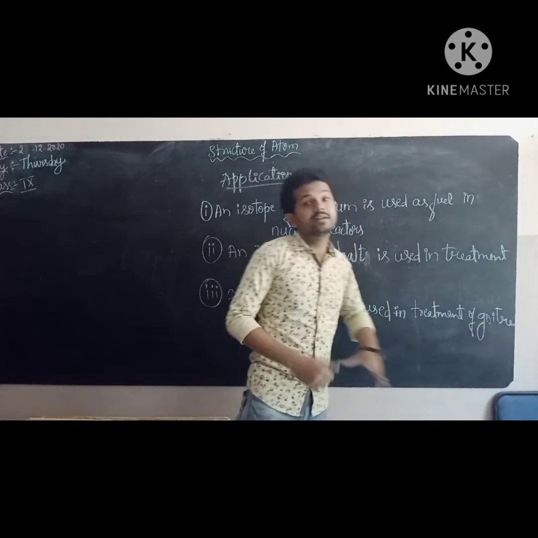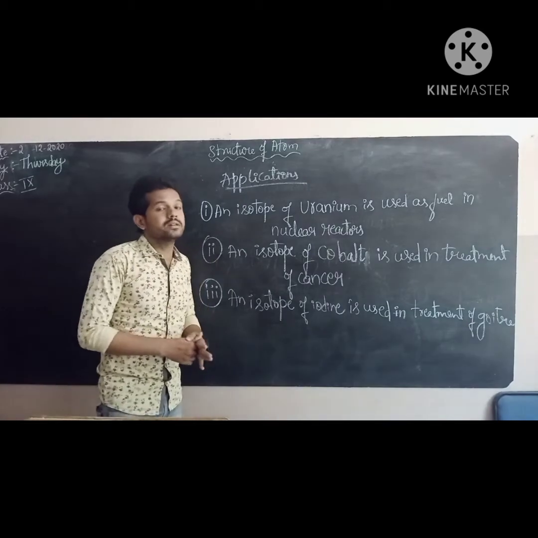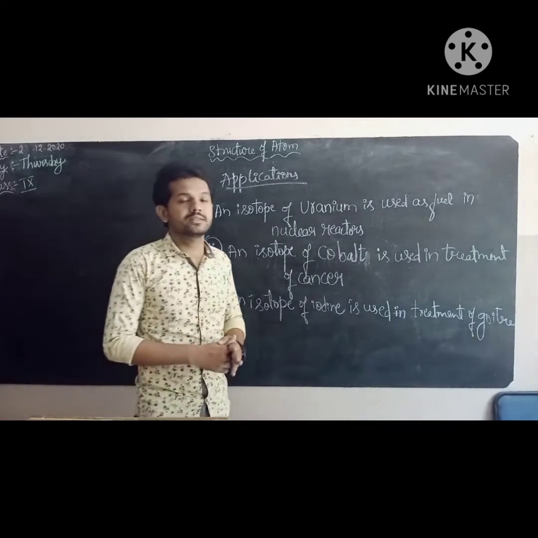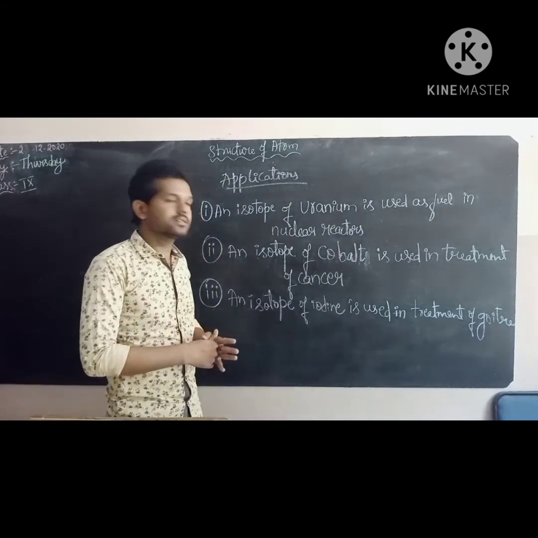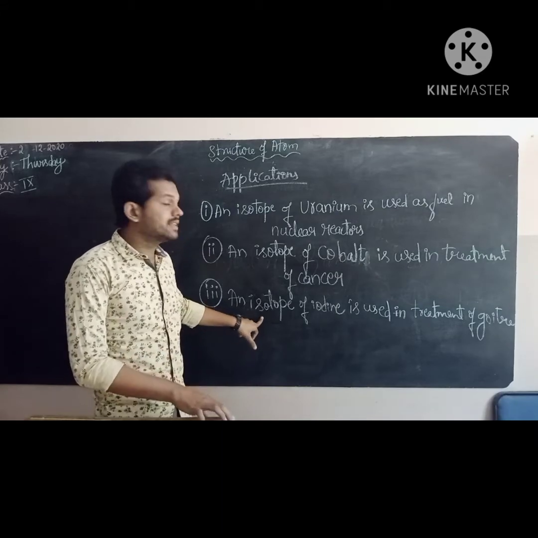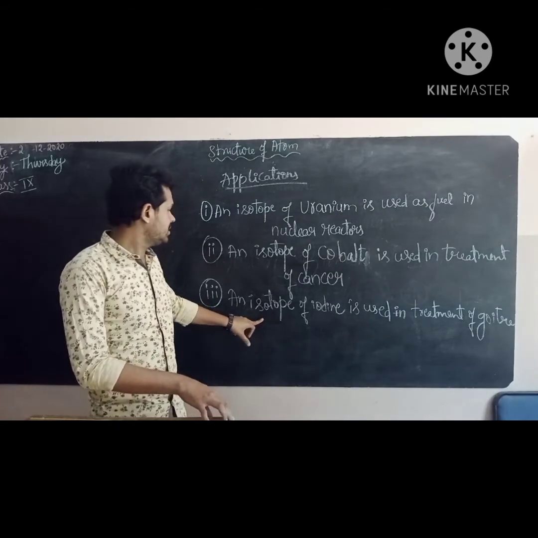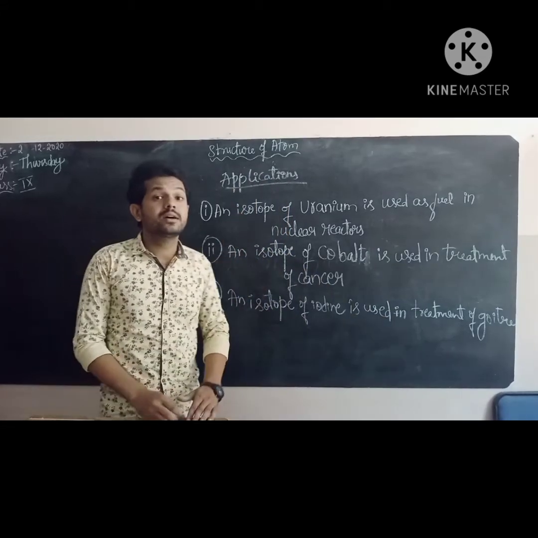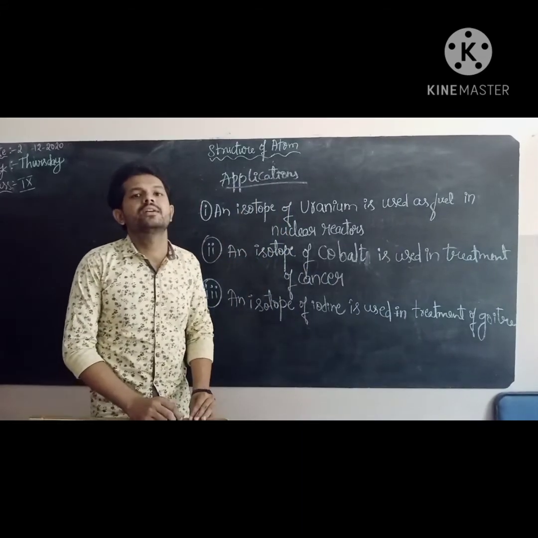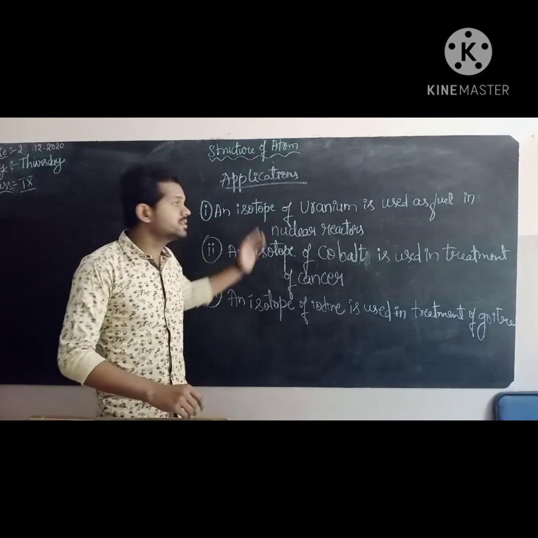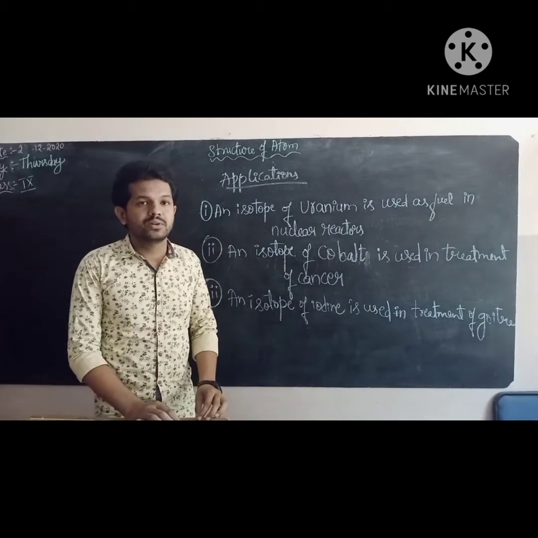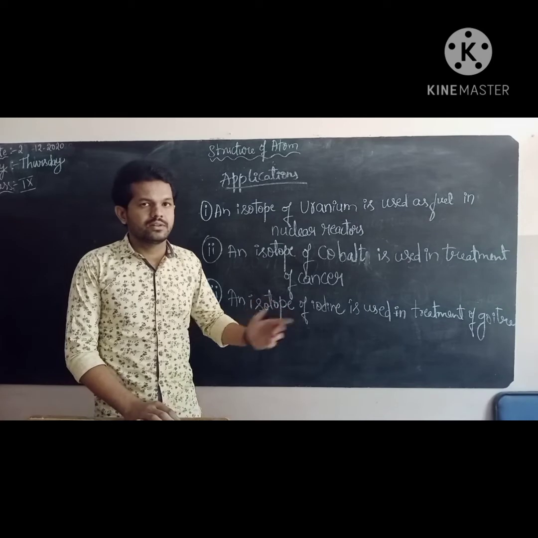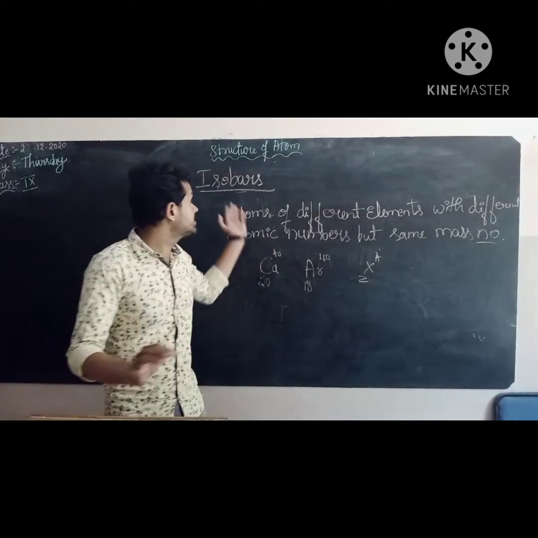About the goiter disease also you know from the biology chapters in your younger classes, right? So about that disease, the isotope of iodine is used. So these are all the medical applications of isotopes. This is a very important question for your exams.